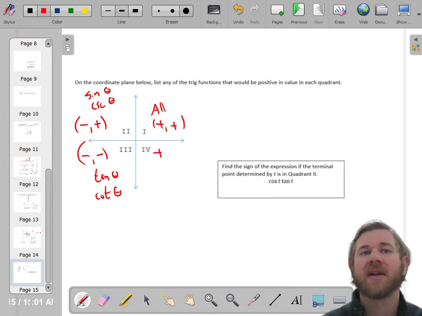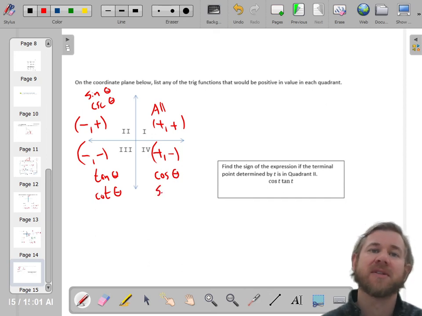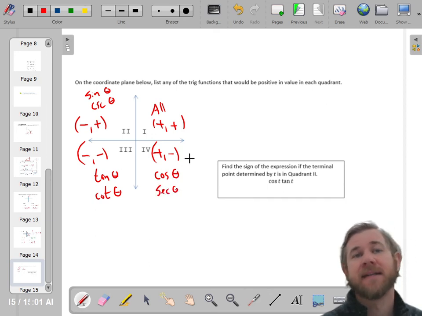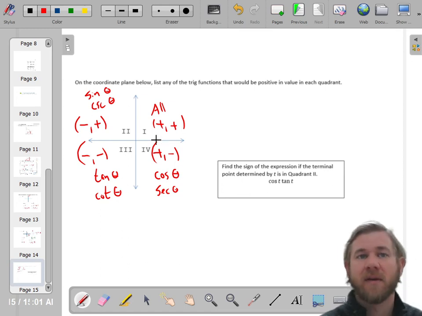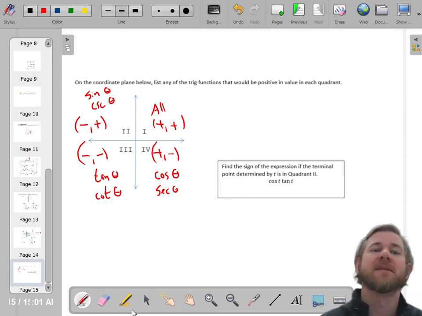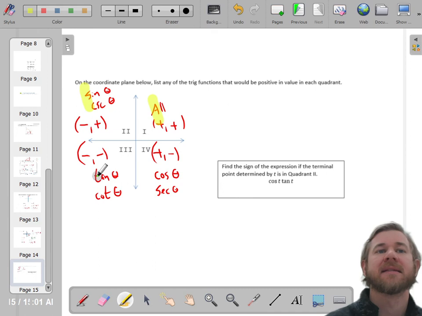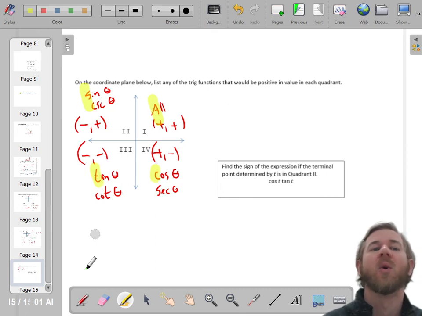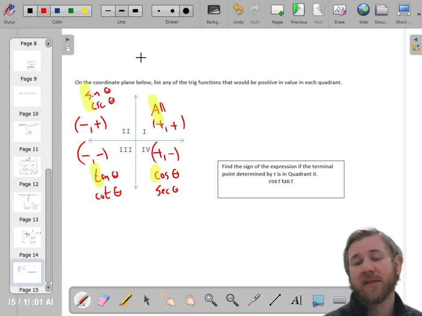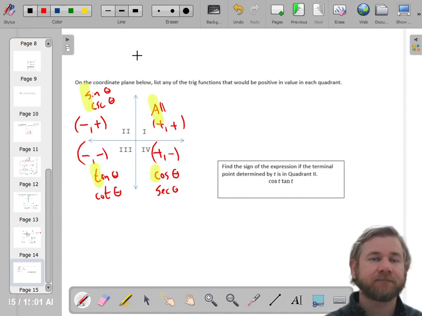In the fourth quadrant, x is positive, y is negative. x is cosine, so cosine is positive, and its reciprocal, secant, is also positive. Tangent will be negative because a negative divided by a positive is negative. The way some people remember this is ASTC, or All Students Take Calculus. If that helps you, great. Remember that. That's what's going to be positive in which quadrant.